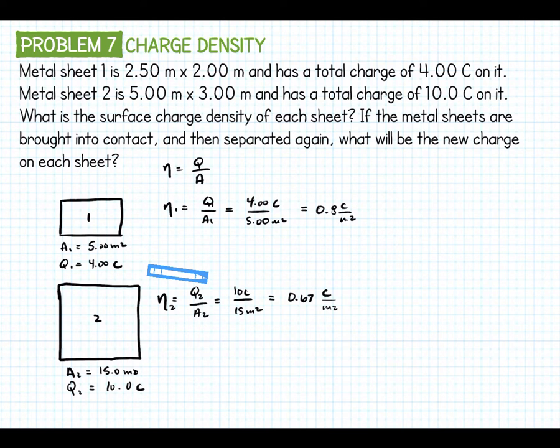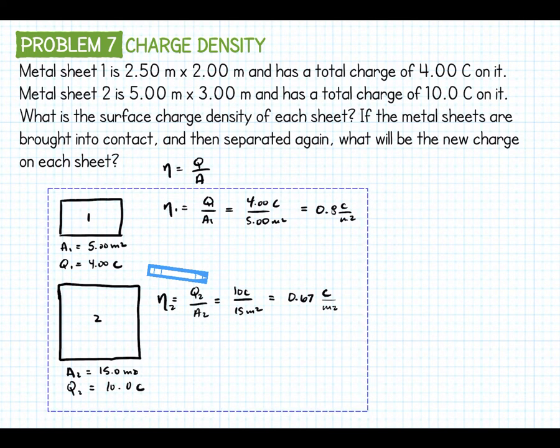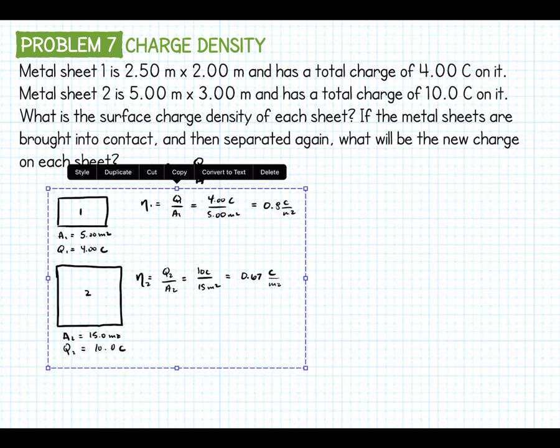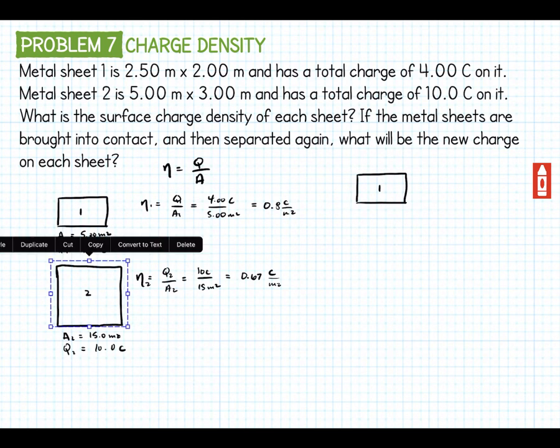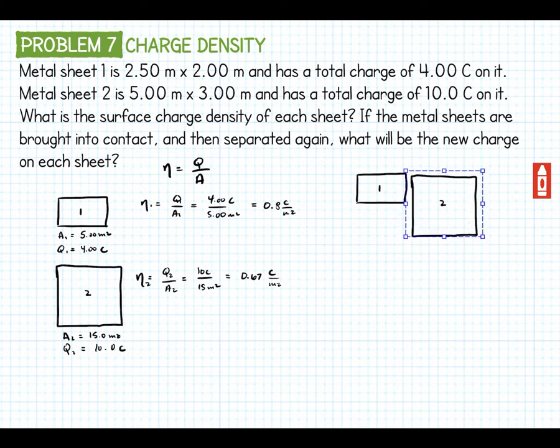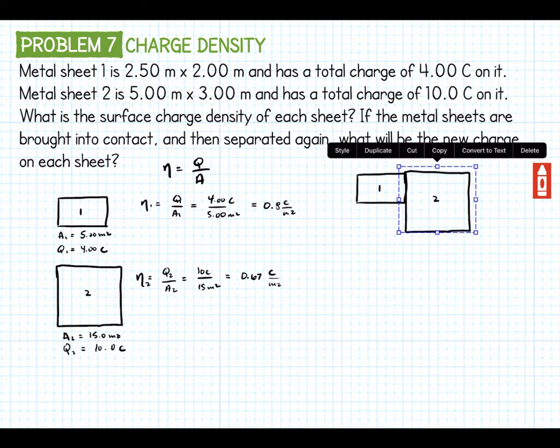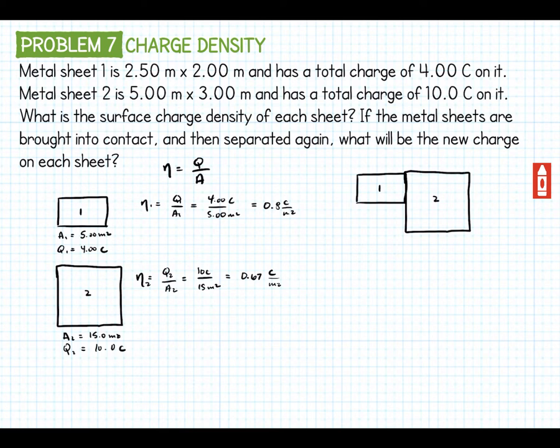However, when they touch, and I'm going to shrink this down a little, when our two sheets touch, now we have sheet 1 and sheet 2, and they have a total surface area and a total charge.